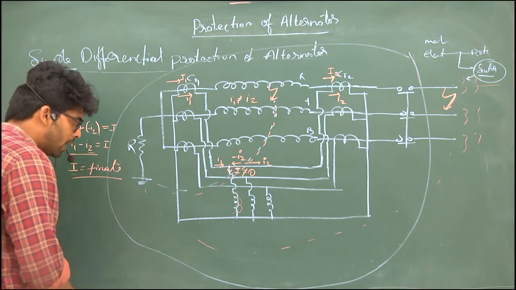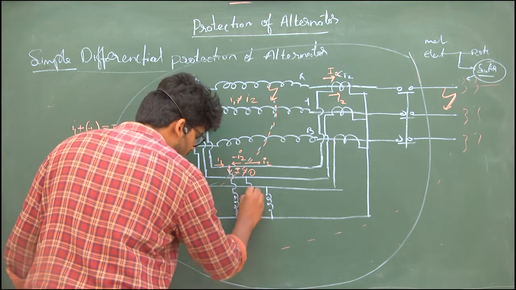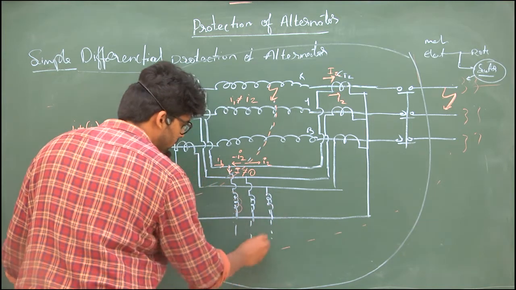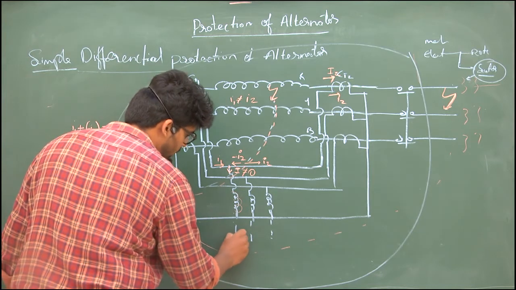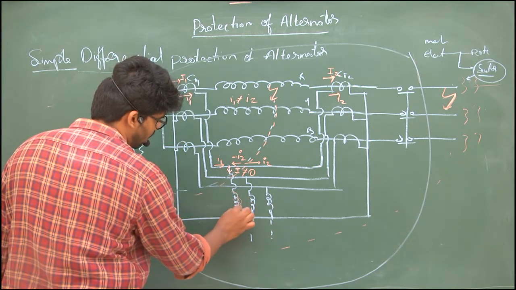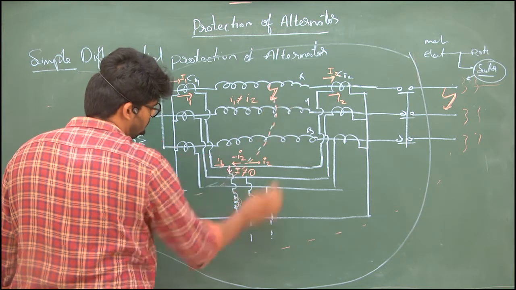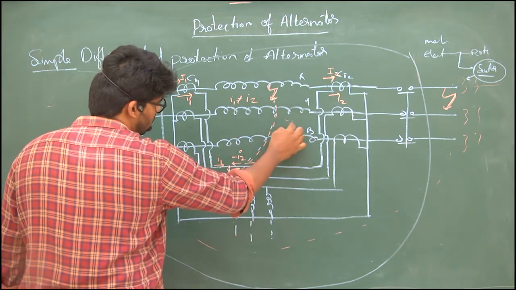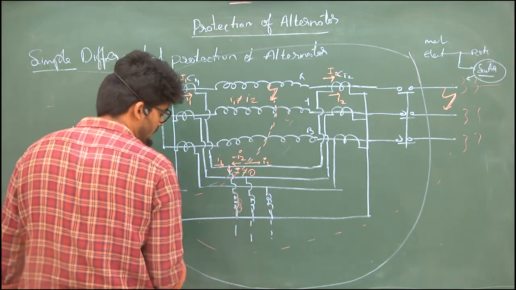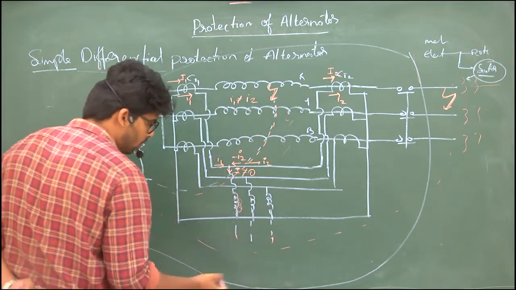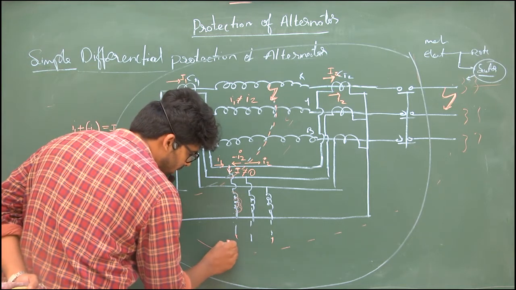How this operates, I will show. For example, I am taking the condition where the fault occurs in this phase to ground. It may occur in this phase or this phase, so any phase can operate. But whichever phase operates, I am now explaining how the operation works.